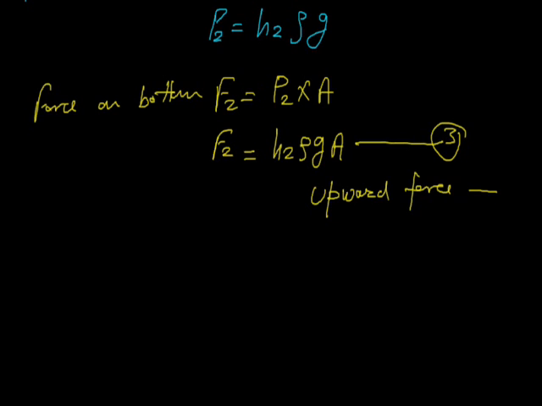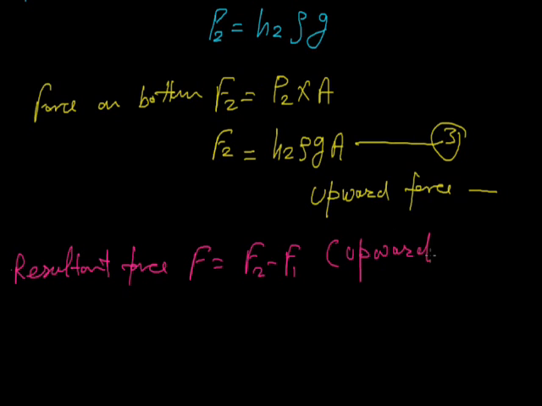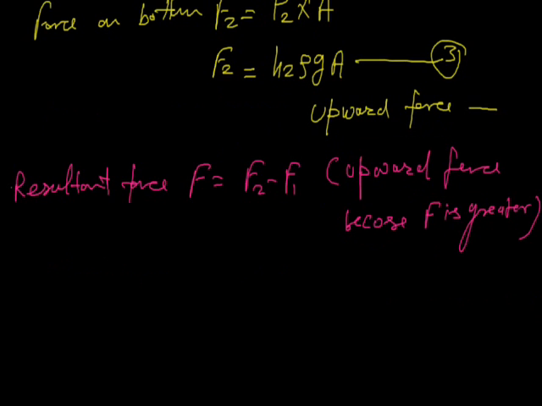F1 is h1 rho g A and F2 is h2 rho g A. The resultant force F will be F2 minus F1, upward because F2 is greater. So F equals h2 rho g A minus h1 rho g A.